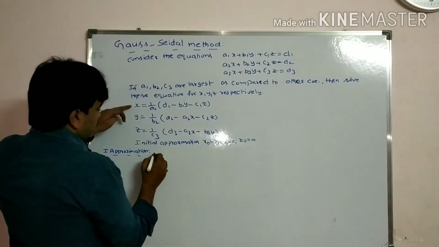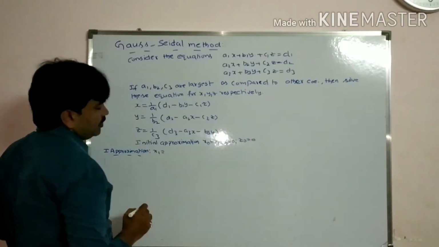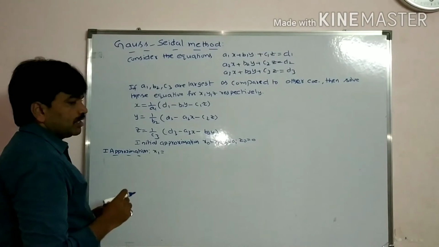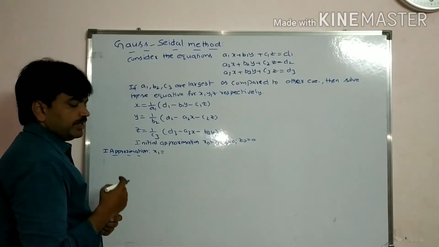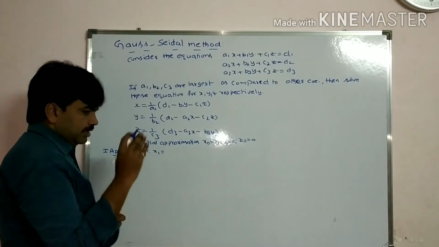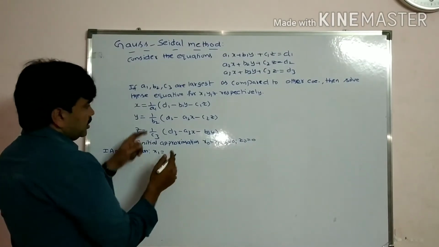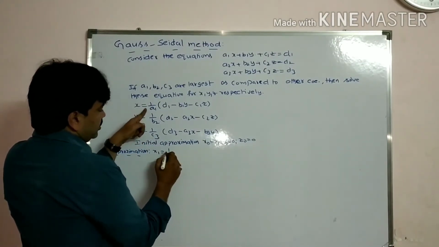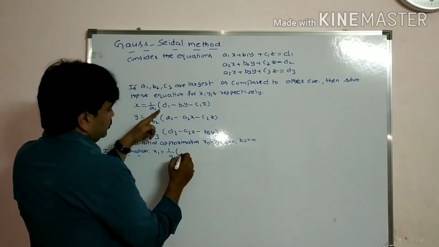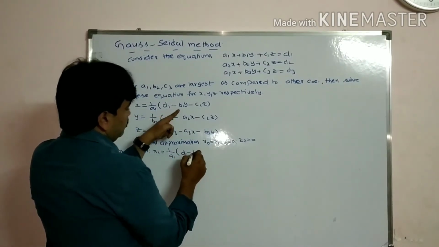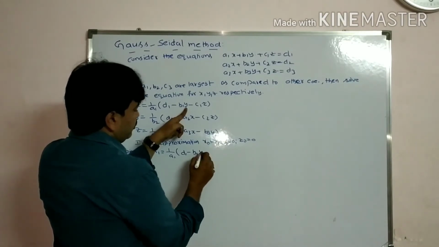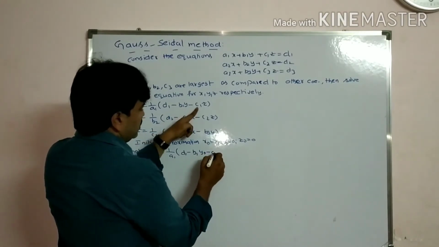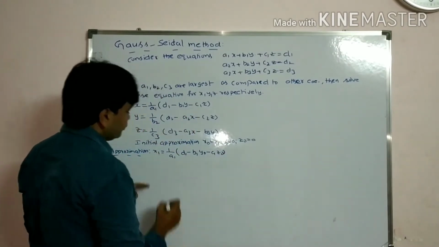Here you write x1, so that is equal to, what is x1? You write x0, y0, z0 in place of x, y, z as in Jacobi's method. In the first equation, 1 by a1 into d1 minus b1 y0 minus c1 z0.